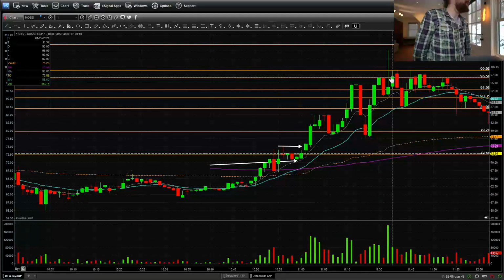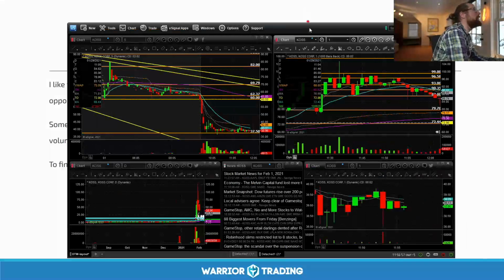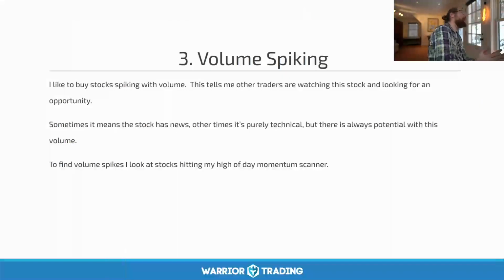So as it's moving fast, I like to buy because I'm seeing clearly that a lot of volume is coming into it. That's what we want to see, that high volume coming in. So volume should be spiking at or around the time of entry. That's confirmation that the pattern that you were seeing, first candle make a new high or something like it, is being seen by other traders and is not just you, essentially.